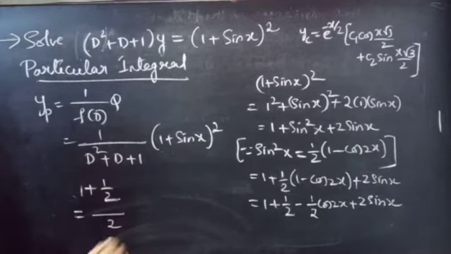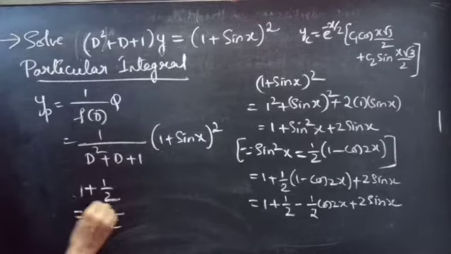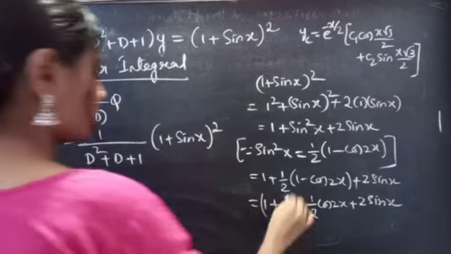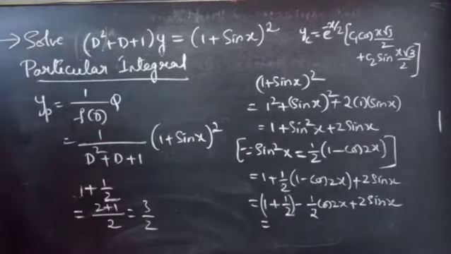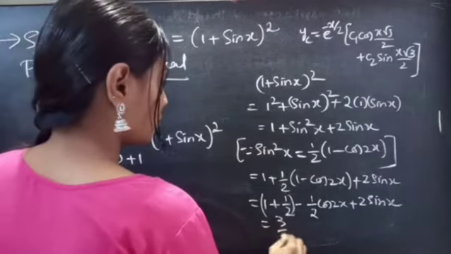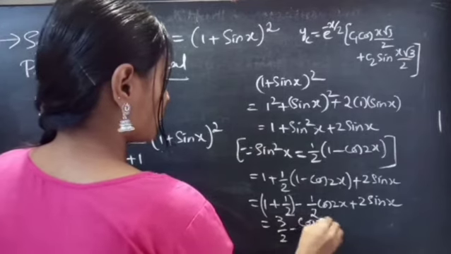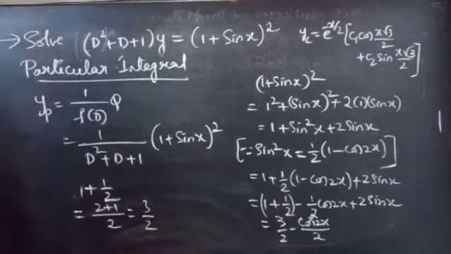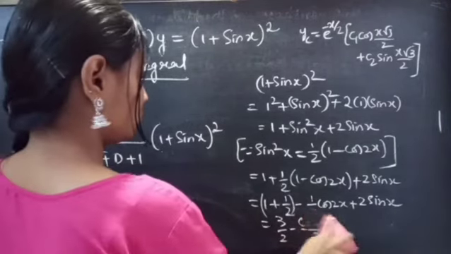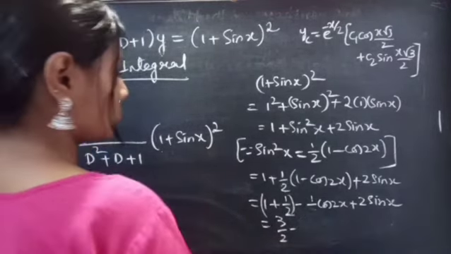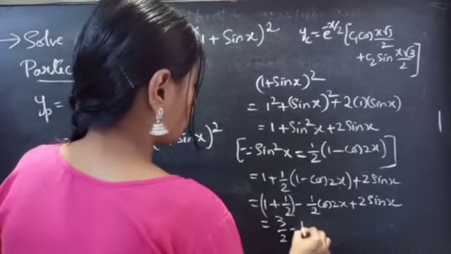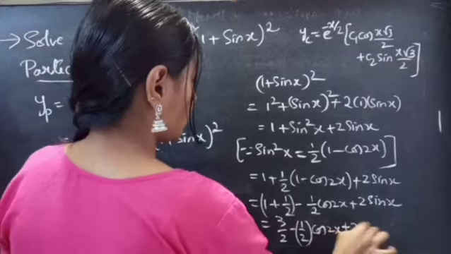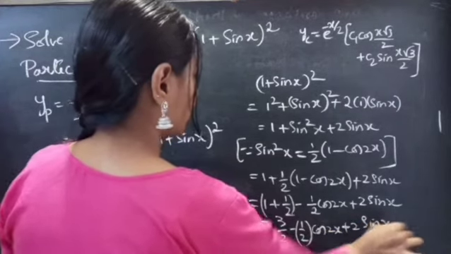Take the LCM. 2 will be your LCM. 2 into 1 is 2, plus 1 by 2 is 3 by 2. This becomes 3 by 2 minus cos 2x by 2, or you can just write it as 1 by 2 into cos 2x, which will be more convenient, plus 2 sine x.